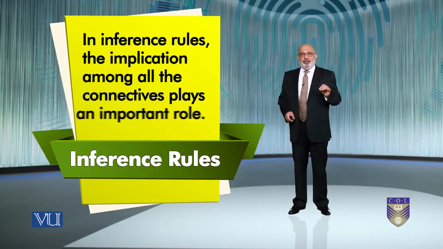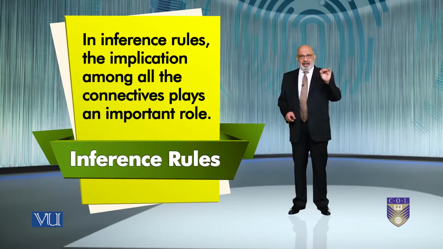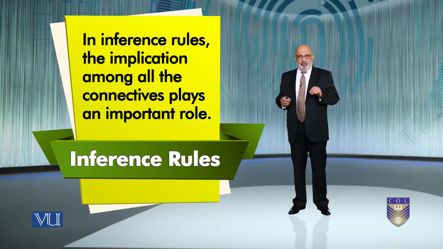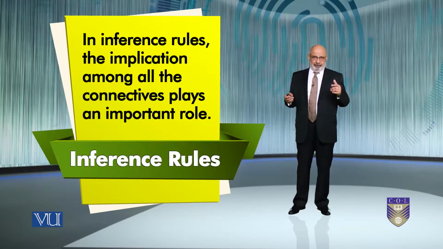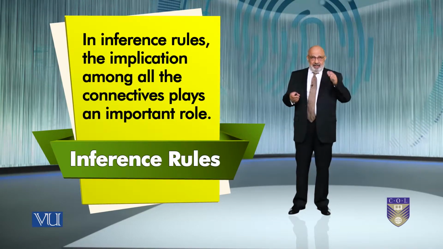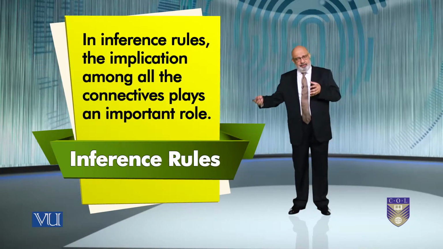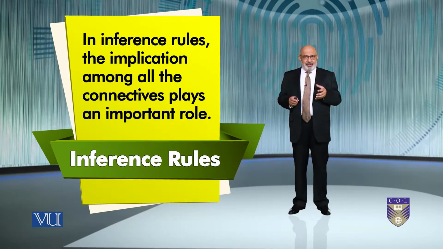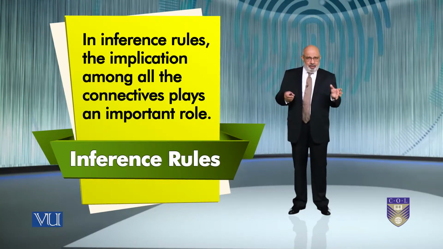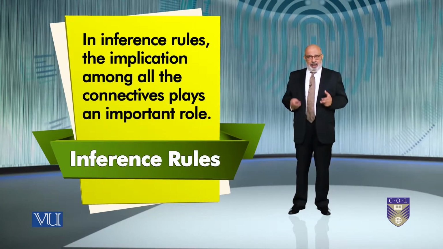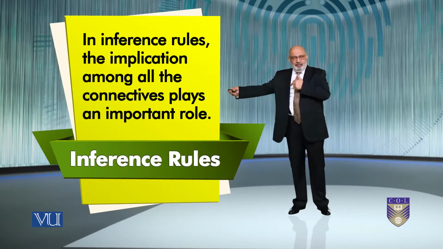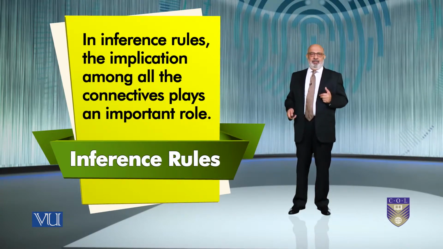In inference rules, the implication among the connectives plays an important role. Implication means there are certain things: if it is raining, you perform some action. So this is the implication of something that's happening. It's a sequence of connectives, and that plays an important role.